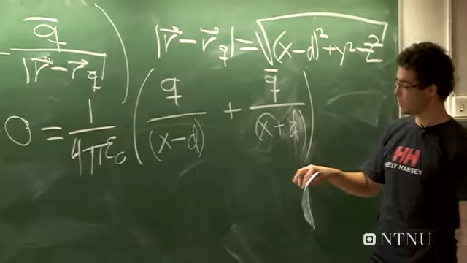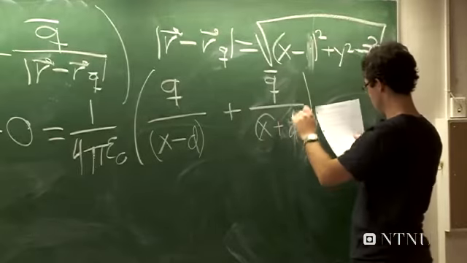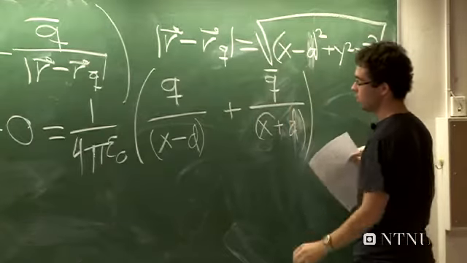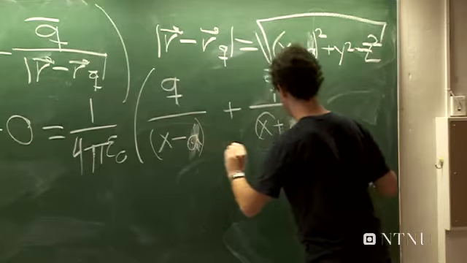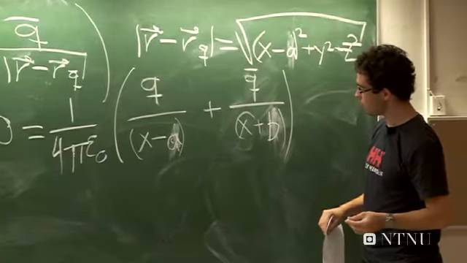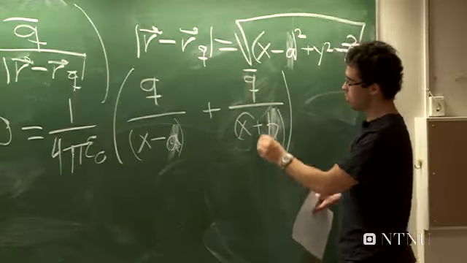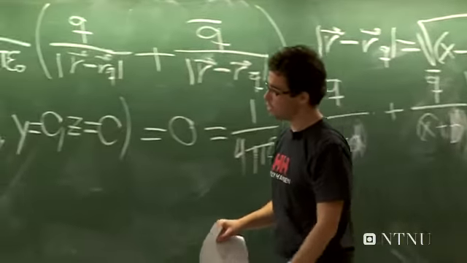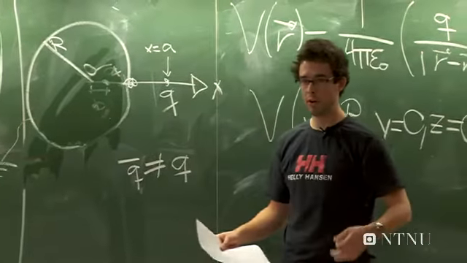And now we find one equation for the two unknowns, which are, no, sorry, it's not d anymore, it's a and b, like this. And now we get one equation for two unknowns, which are q bar and b. Because I don't know how large the image charge is, and I don't really know where to put it. I only put it on this axis because of the symmetry, it has to be there.